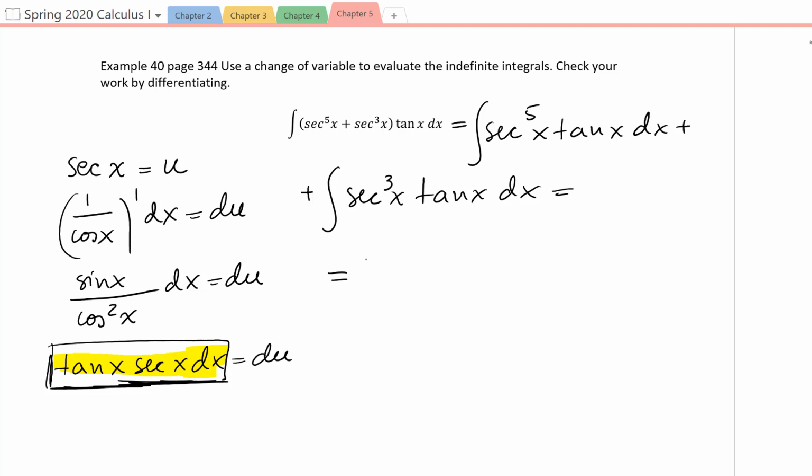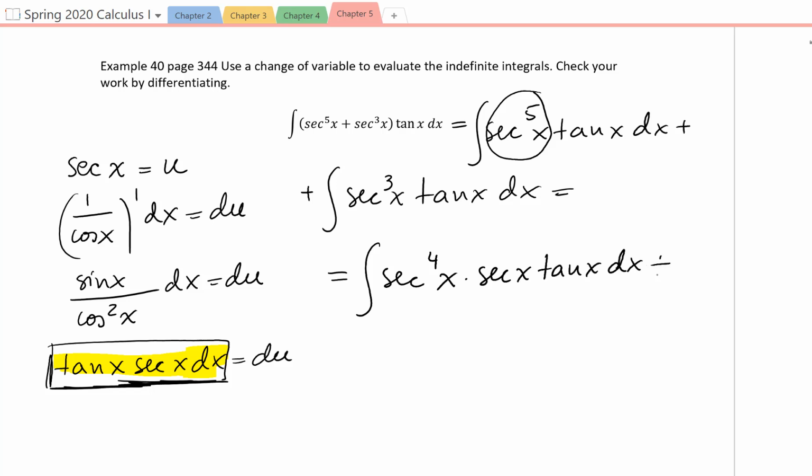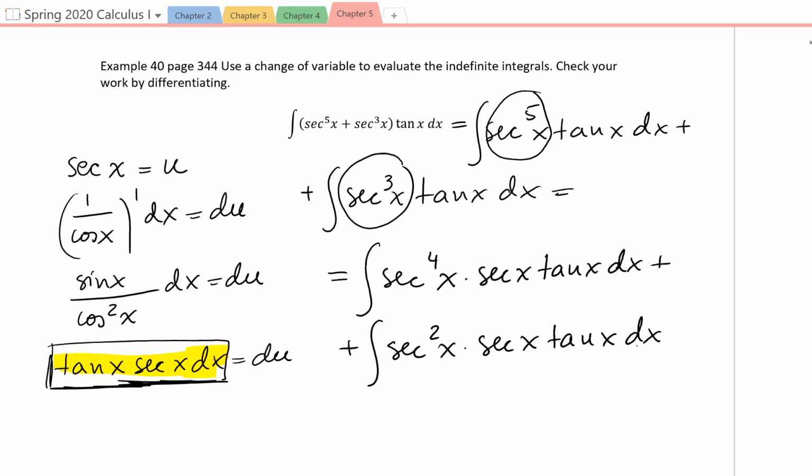So because of that, instead of secant to the 5th, I'm going to write secant to the 4th of x, and then secant of x tangent of x dx. And I'm going to do the same thing to the second integral. Instead of secant to the 3rd, I'm going to write secant to the 2nd times secant of x times tangent of x. Mathematically, it's correct, right?